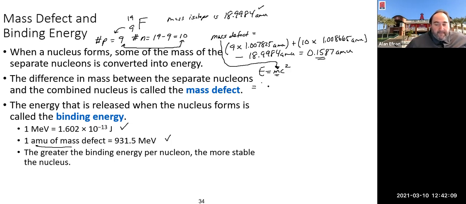So if we do that, 0.1587 AMU times our 3.0 times 10 to the 8 meters per second, squared, we will end up with 1.428 times 10 to the 16.